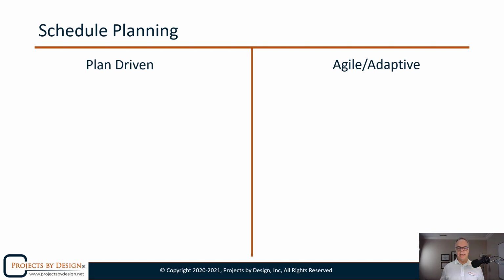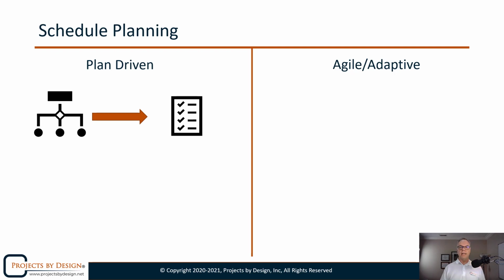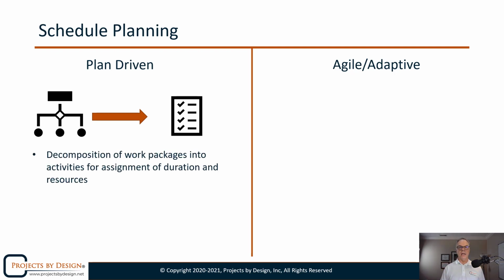Next, schedule planning. It starts with the work breakdown structure. That work breakdown structure, which is the reflection of our scope baseline, is going to drive us to a set of activities, an activity list. The decomposition of work packages into activities allows us to assign duration and resources to each individual activity.